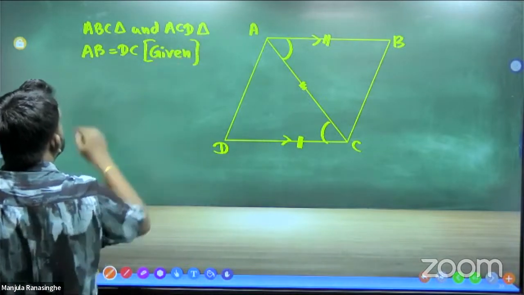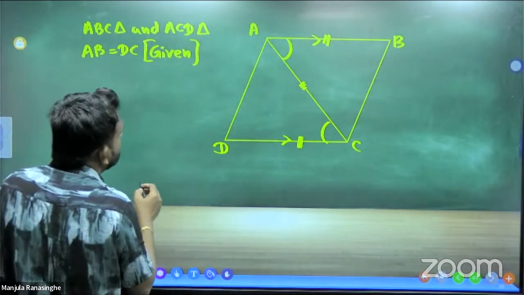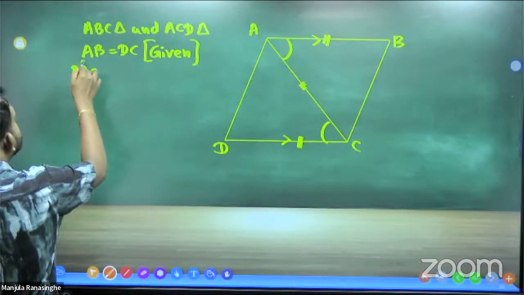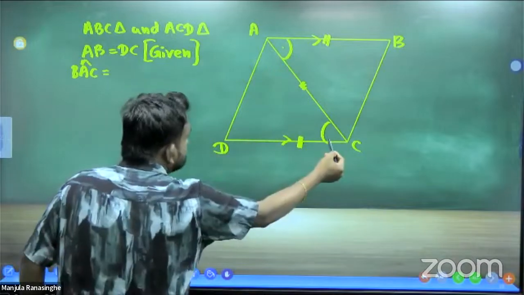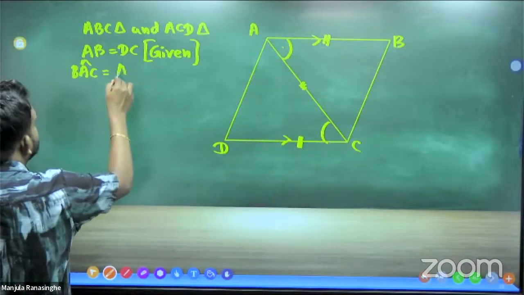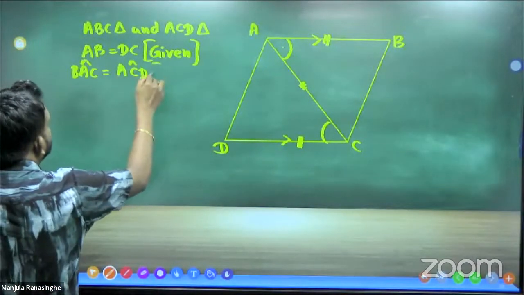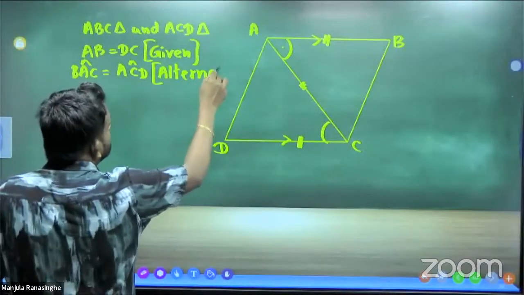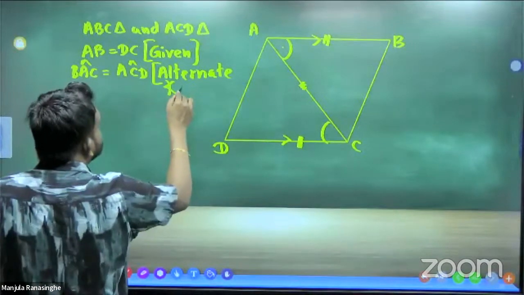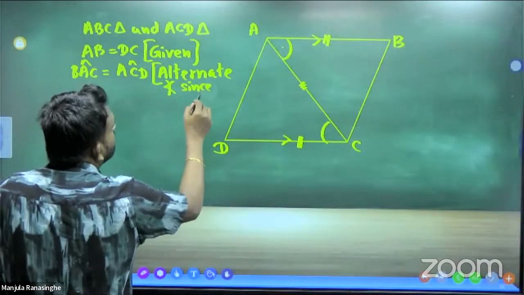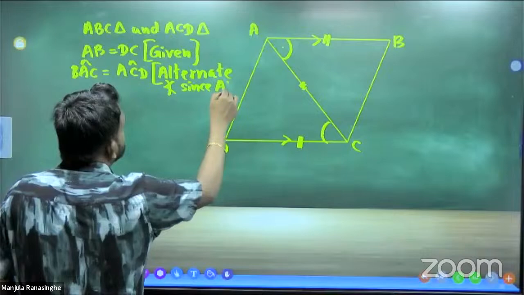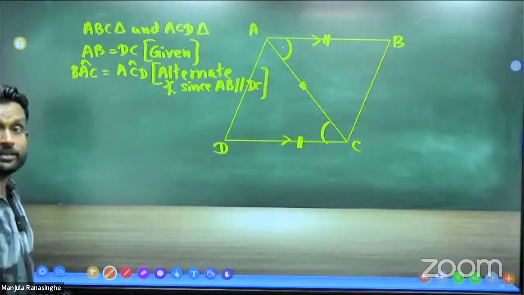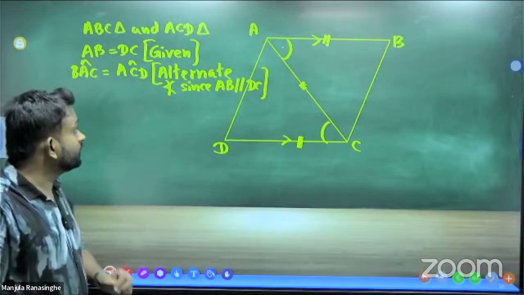Then you write angle BAC equals angle ACD. What is the reason? Alternate angles, since AB is parallel to DC.